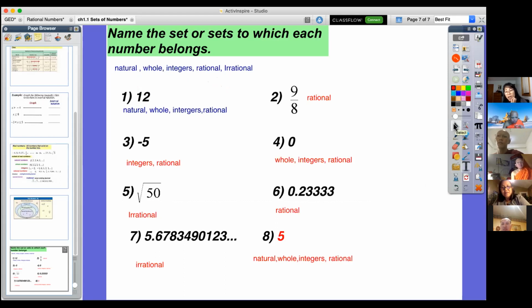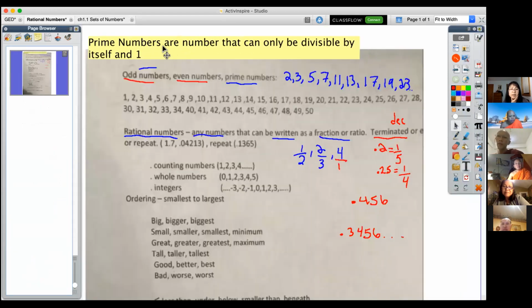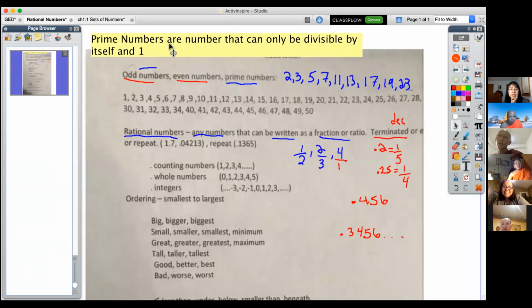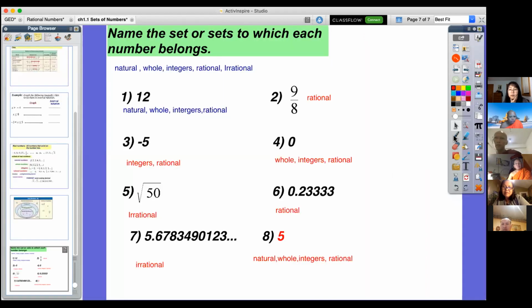Is 12 a prime number? Yes, prime number. Why is it a prime? What is a prime? Primes are numbers that can only be divided by itself and 1. And 12, you have 12.